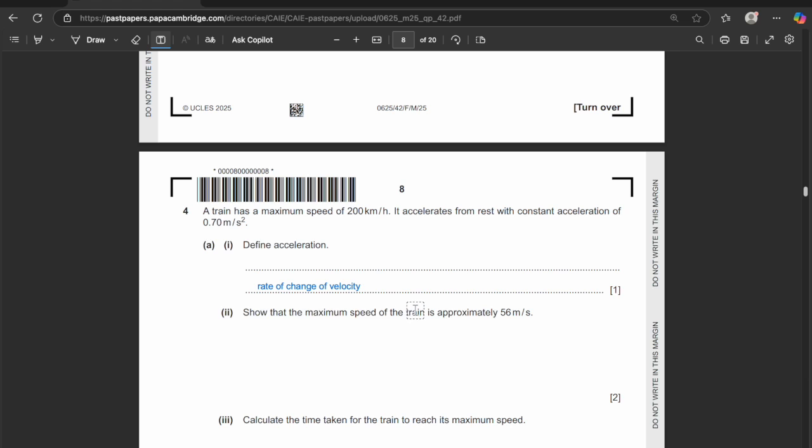So maximum speed, it is 200 kilometers per hour, and we have to convert that to meters per second. So we will write something like this. This is kilometer per 1 hour, and we want meters, so we will multiply that by 1000, and we want seconds, so we will divide by 3600. Okay, so let's just go step by step, right?